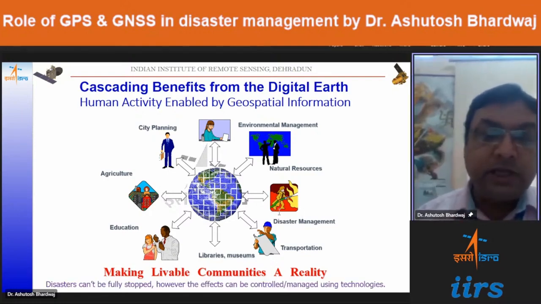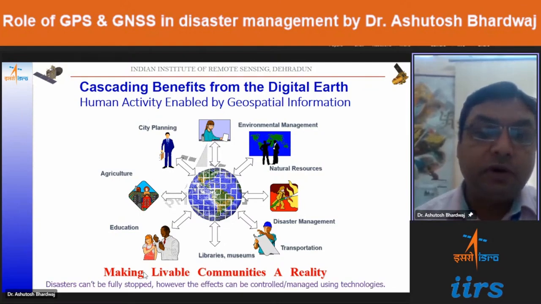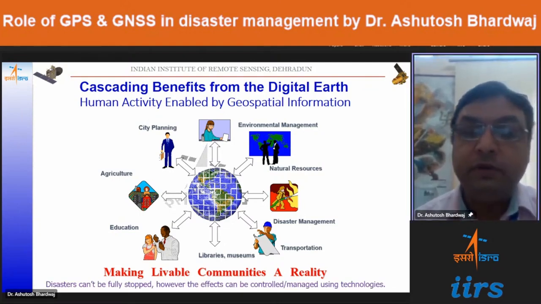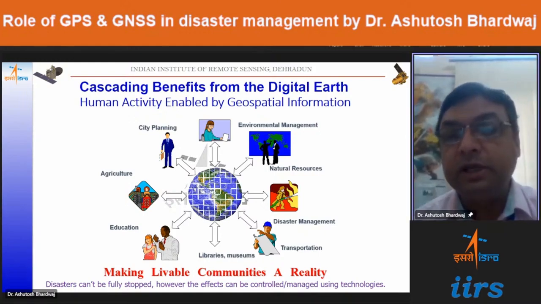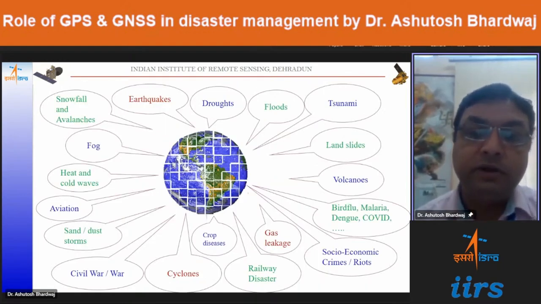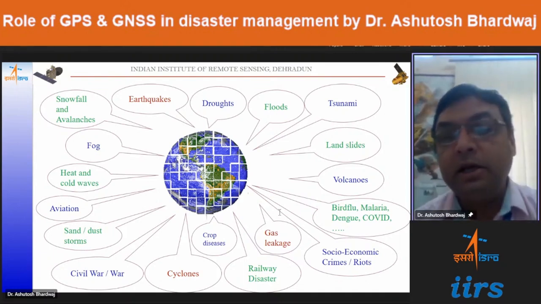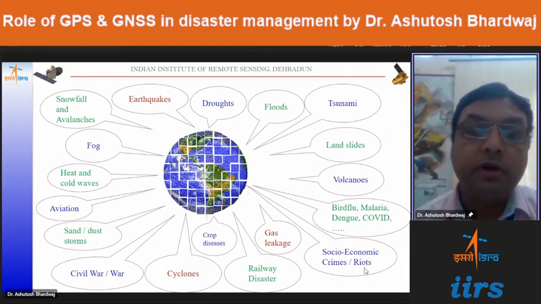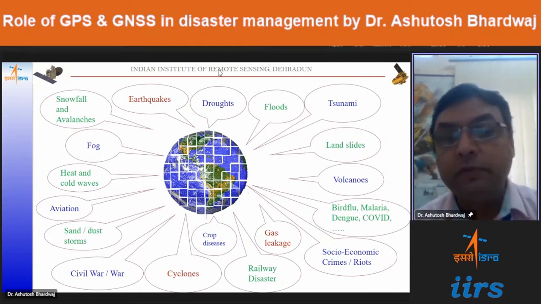So in case of disasters, the disasters cannot be fully stopped. However, the effects can be controlled or managed using various technologies. Like in the recent case of COVID, we all used the Arogya Setu app, and in such a vast country like India, we were able to do the vaccination, and we have a foolproof record of how many vaccinations we have taken and so on.